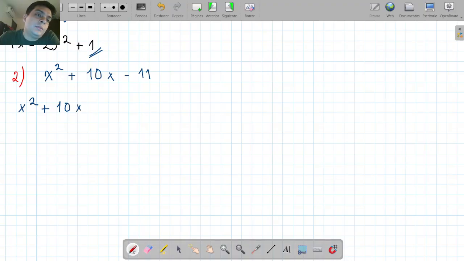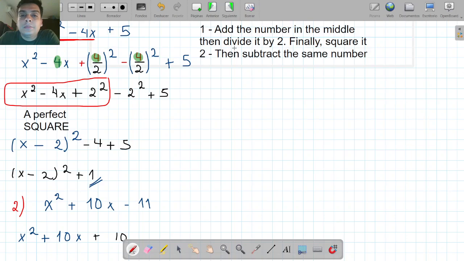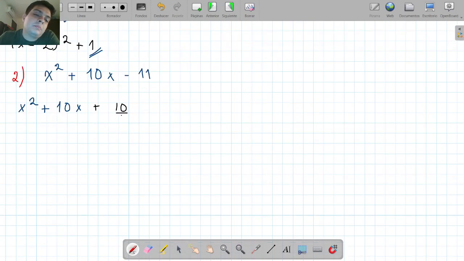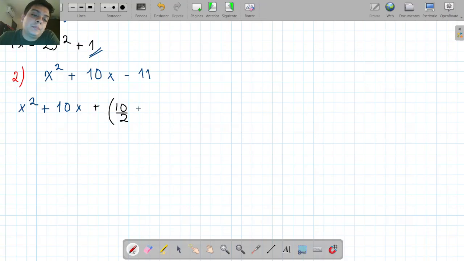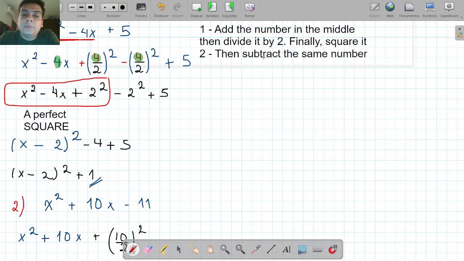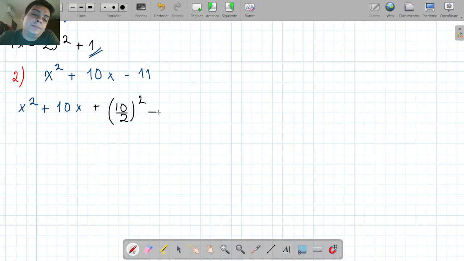Let's follow the rules. Add the number in the middle. Divided by 2. Square it. Subtract the same number. Don't forget that we still have the minus 11 here.